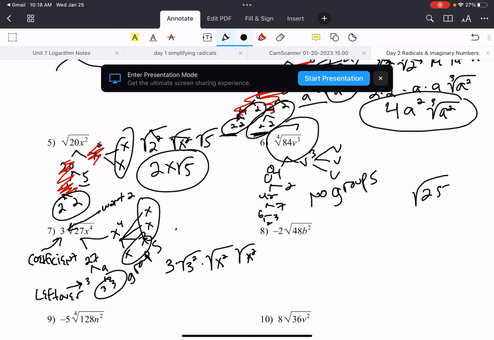So it's coefficient. Oh, I spelt that word wrong. Coefficient times my groups times my leftover. So coefficient times my groups times my leftover.